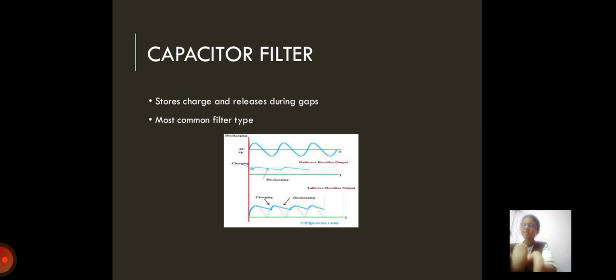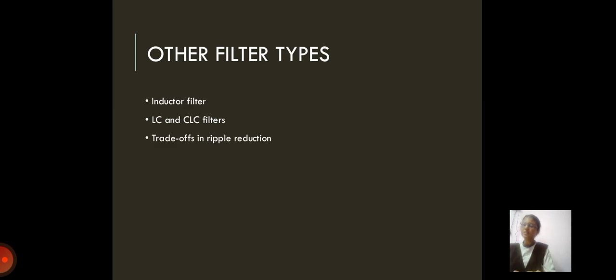And second are the inductor filter, LC filter and CLC filter, as we have discussed. The LC filter is also known as the inductor capacitor filter, whereas the CLC filter is known as the capacitor inductor capacitor filter or pi section filter. The inductor filter includes inductance in place of capacitance, in LC we have both capacitance and inductance, and in CLC we have capacitor, inductance and capacitor.